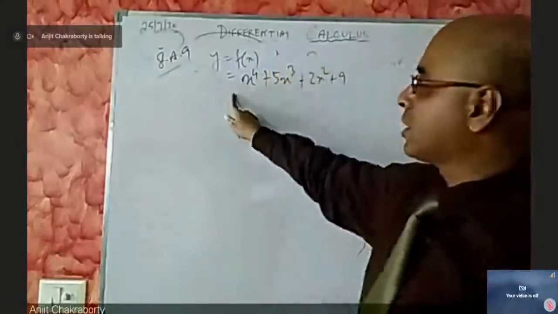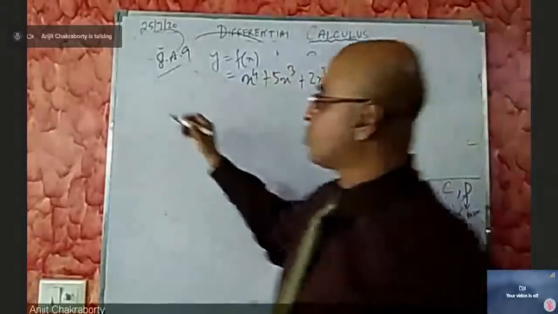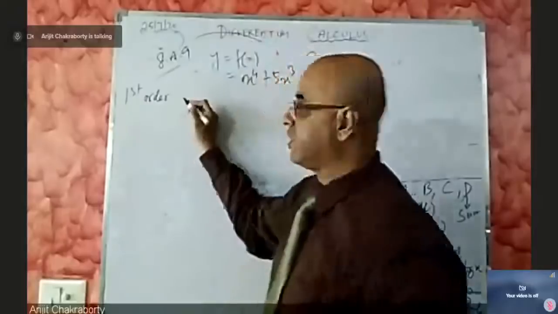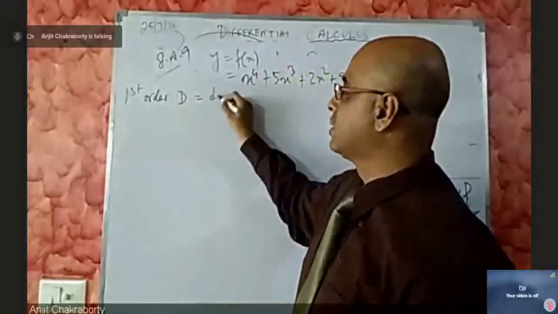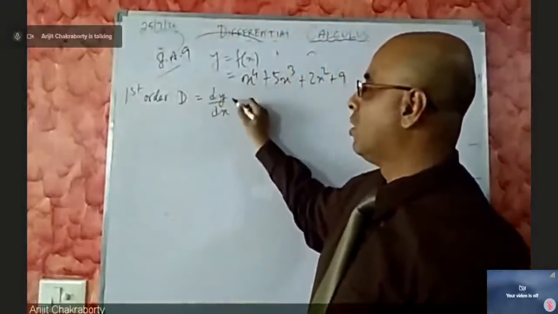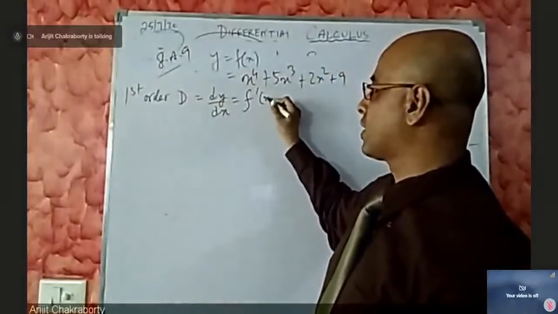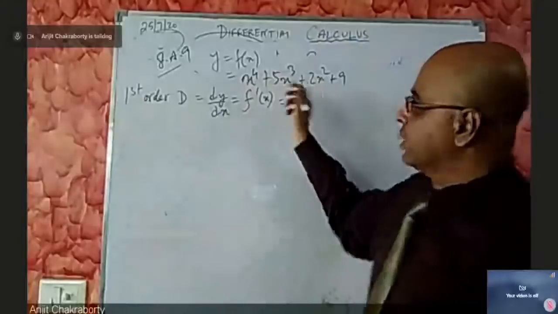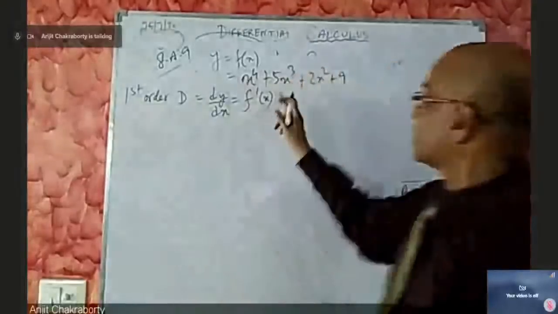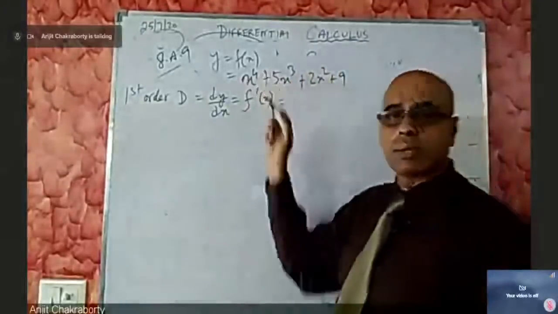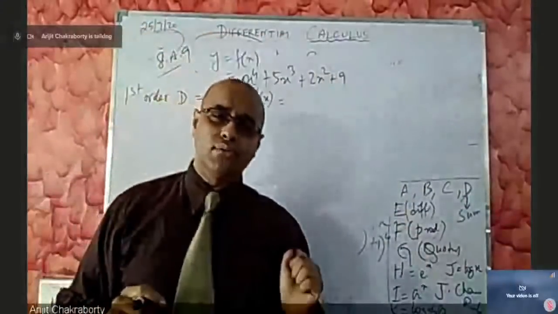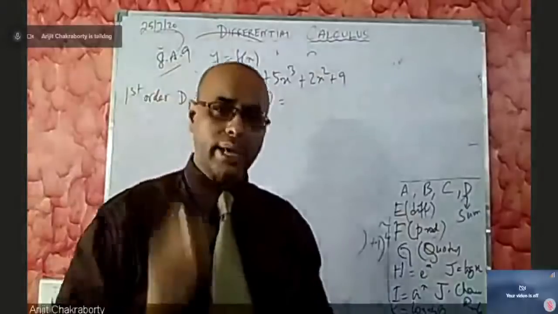So the first order, second order, third order. First order, I am writing the first order derivative, that is dy by dx, also shown as f dash x. I am differentiating it directly using the addition rule because it is also addition. The differential coefficient of x to the power 4 will be 4x cube.